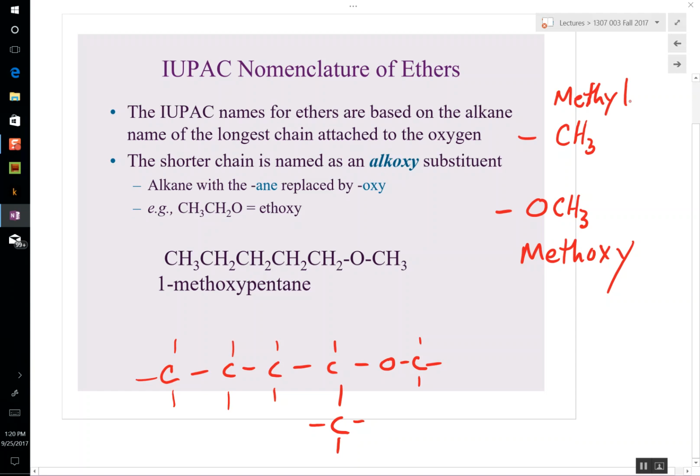And so then you can see what we're doing now is we're not just using a simple name, we're using an IUPAC naming, which says, okay, find the longest chain, 1, 2, 3, 4, 5. The methoxy is on the first carbon, so it's 1-methoxypentane.